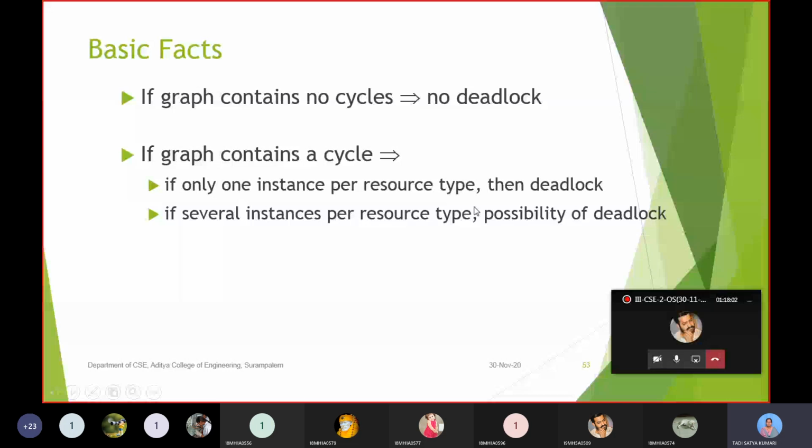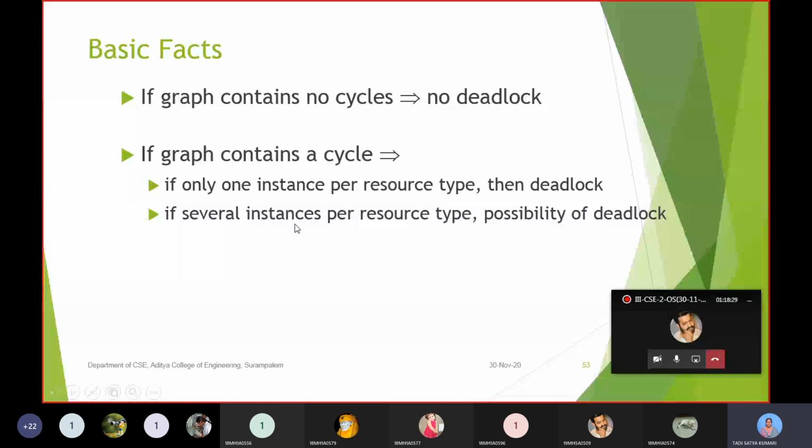Okay, so these are the basic things we have to remember when we talk about the resource allocation graph during the deadlock. Okay, no cycle, no deadlock. But if cycles are there, again you have to check whether each of the resources has only one instance or multiple instances. If only one instance is available, then we can say that surely deadlock will occur.